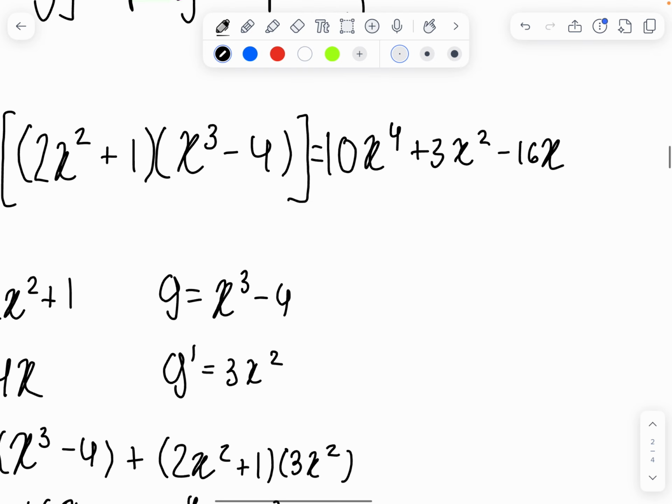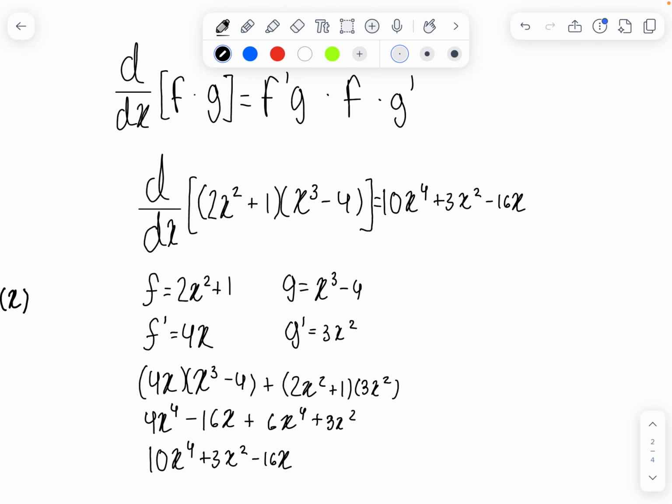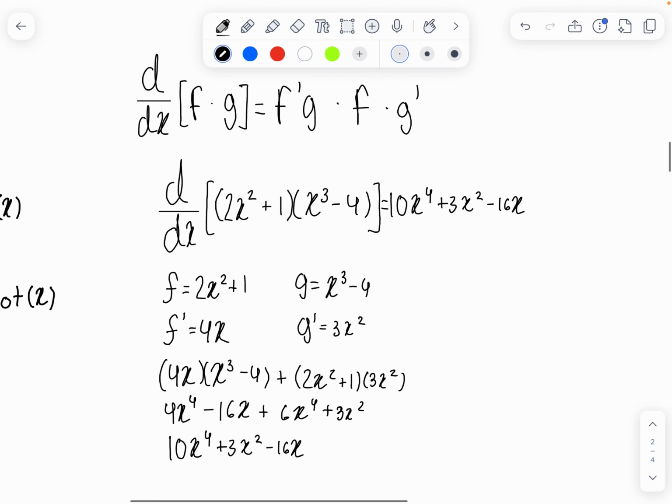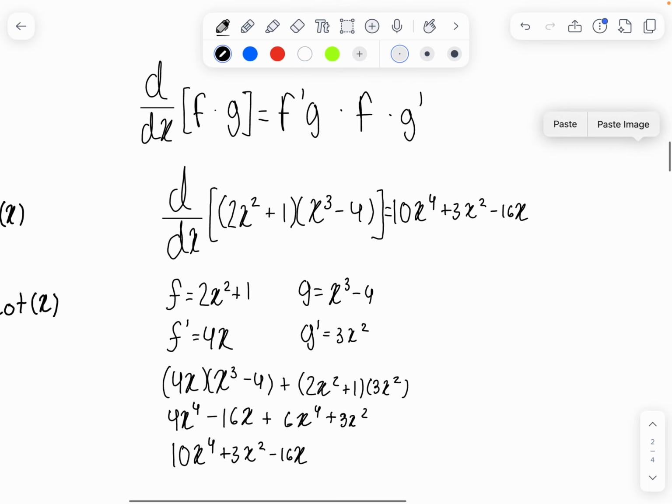See how much easier that was rather than just FOILing it out? Okay. So those are our 2 example questions.